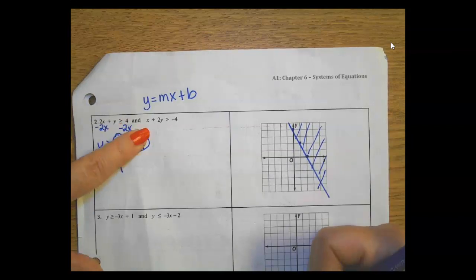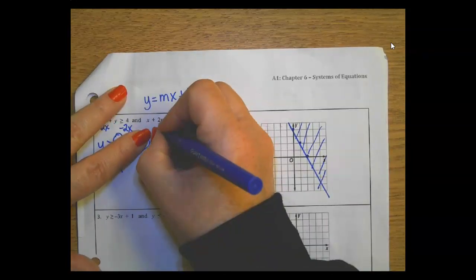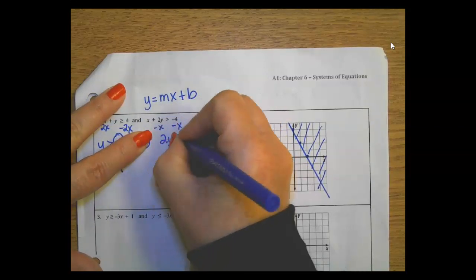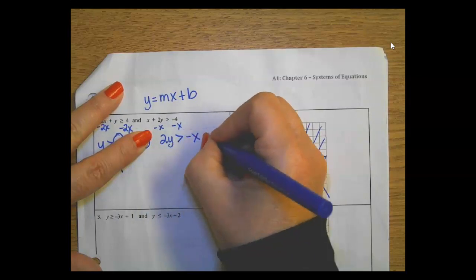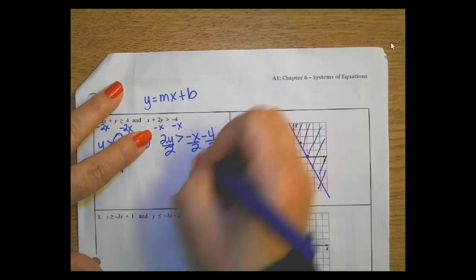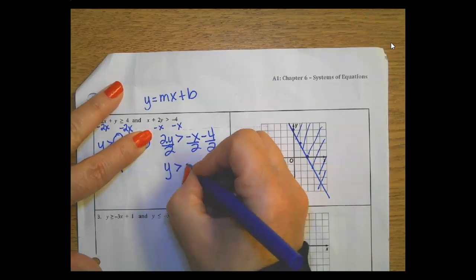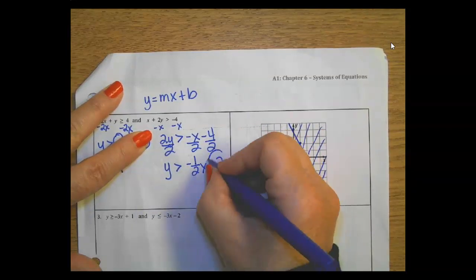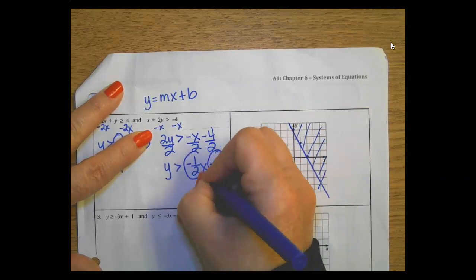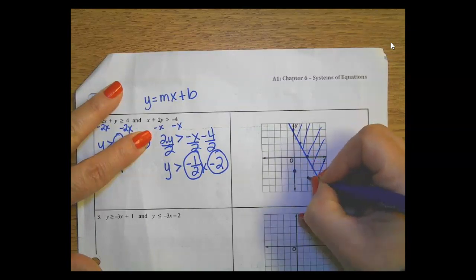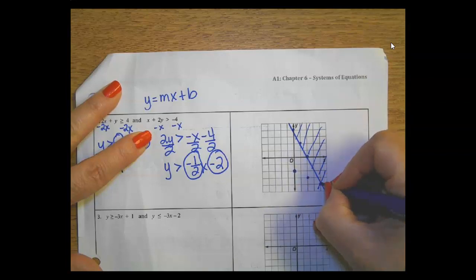On this next one, I'm going to subtract x from both sides. So I end up with 2y is greater than negative x minus 4. Divide by 2 to everything, so y is greater than negative 1/2 x minus 2. Y-intercept, slope. Start at negative 2, go down 1, positive 2, down 1, positive 2.